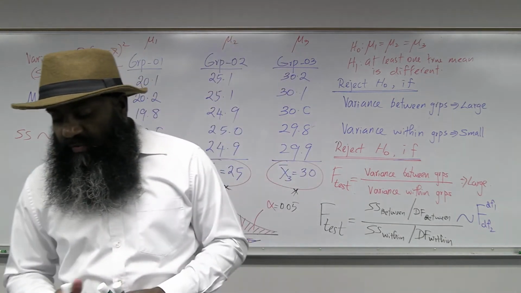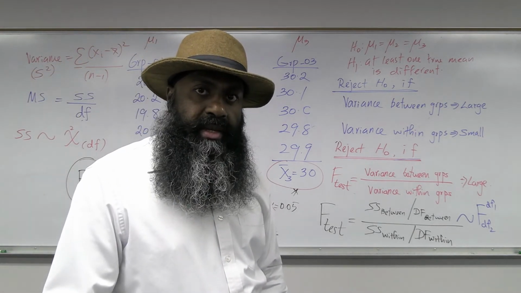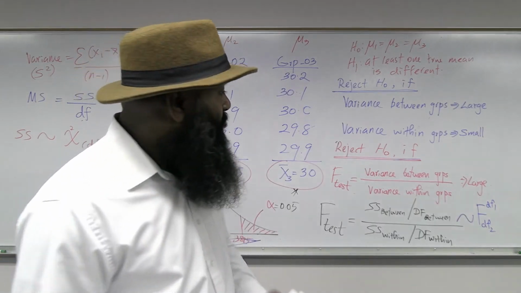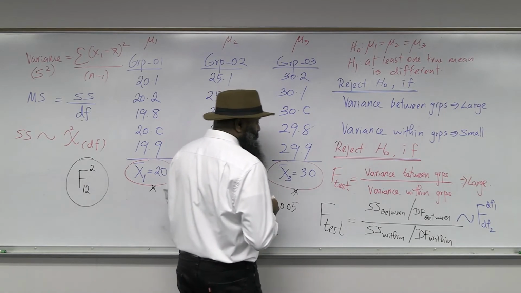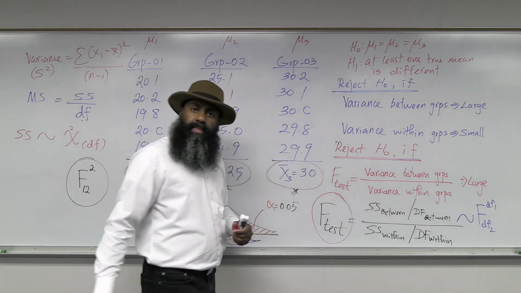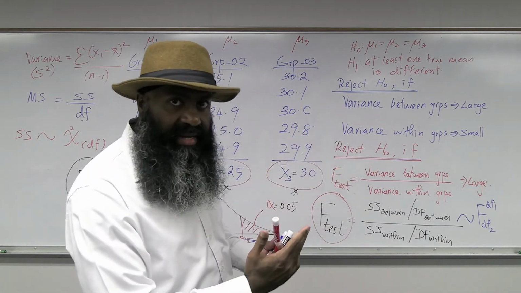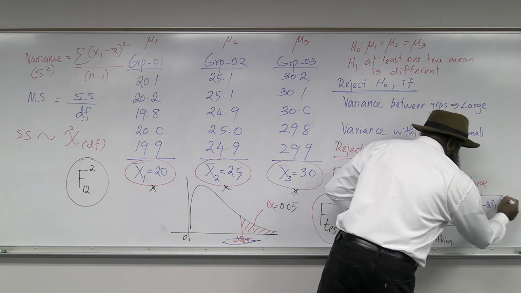And then if you go for the p-value, how do you calculate the p-value? P-value for a right-sided test. First, I need the test statistic. Once we have the test statistic, I can find area to the right from that test statistic in its corresponding F distribution.